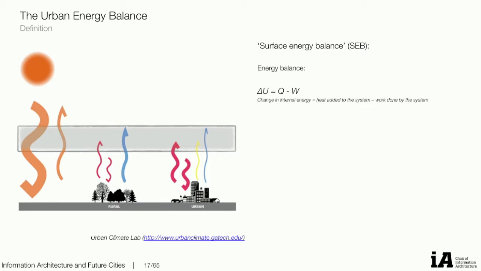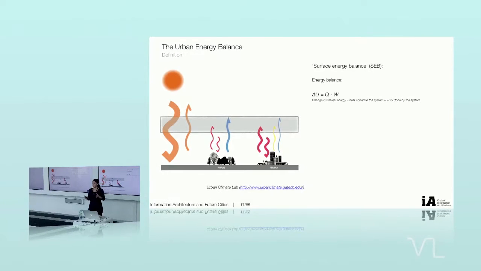So to understand a little bit more about this change in the microclimate, we have to study the surface energy balance, or how the energy exchange works. The urban energy balance is based on the first law of thermodynamics, which says that energy cannot be created or destroyed, but is just changed from one form to another.